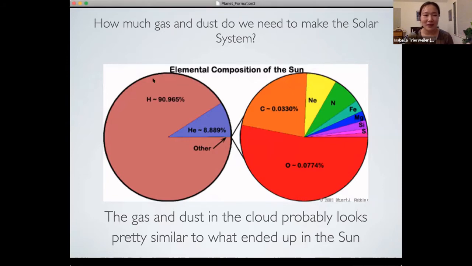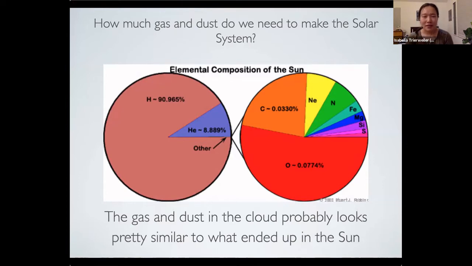So on here, we know that it's mostly made of hydrogen, this big red slice. We know that there's kind of a dollop of helium in there, and then there's this tiny, tiny sprinkling of other elements, so oxygen, carbon, and so on, that are also in our sun. And so we can make the guess that our original cloud of gas and dust would look something like this, mostly hydrogen and helium, and a little bit of everything else.